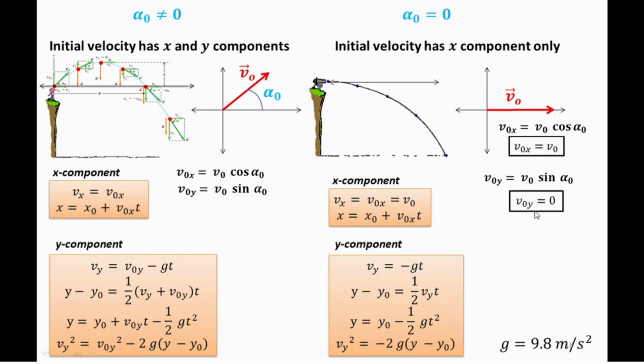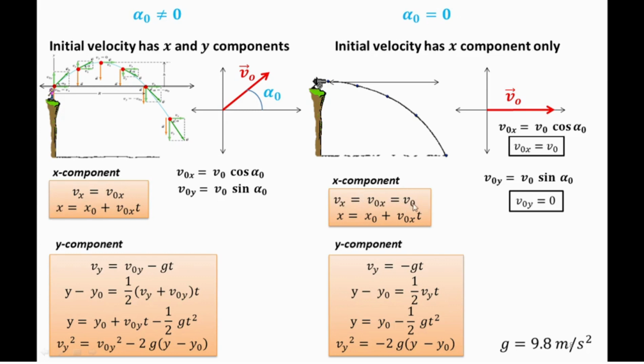So in this case, the kinematics equations for the x component of the projectile motion will be reduced. So in the following equation, your x component kinematics equations will just be the same, only that now your initial velocity will only have the x component.